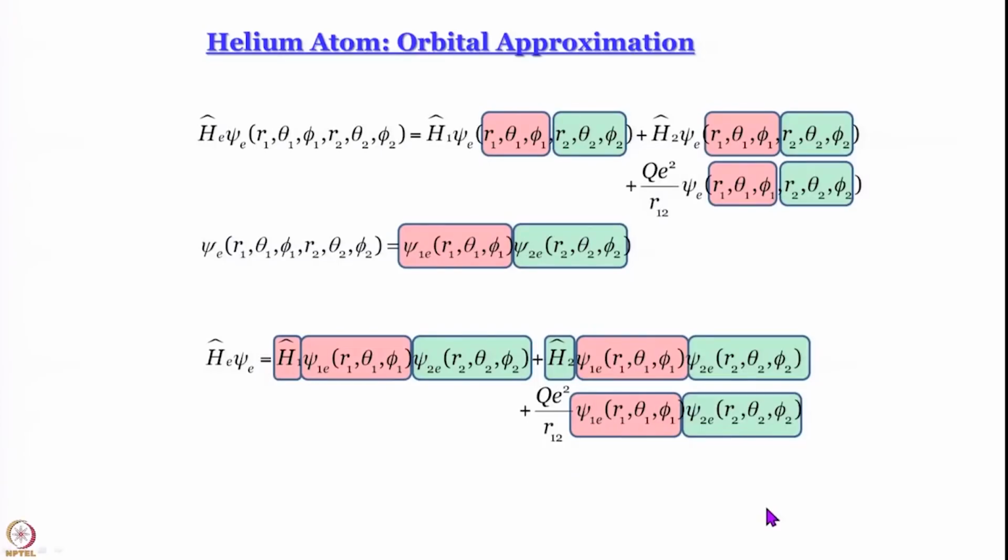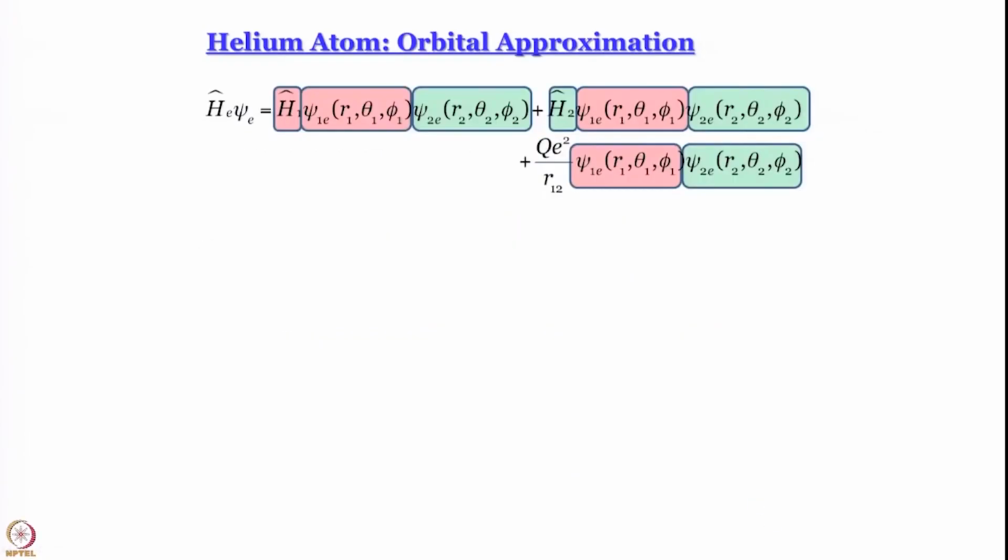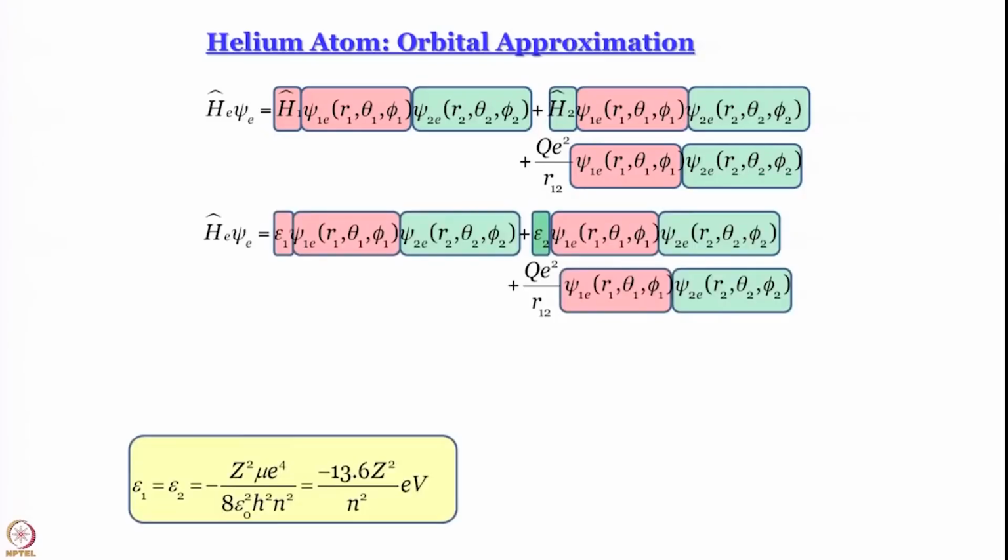Now, what is H1 psi 1e, which is a function of r1, theta 1, phi 1? We know the Schrodinger equation, H psi equals E psi. So, this will be epsilon 1, the energy associated with this wave function. And we are talking about helium, remember, so this wave function is essentially a 1s wave function. So, we write epsilon 1.